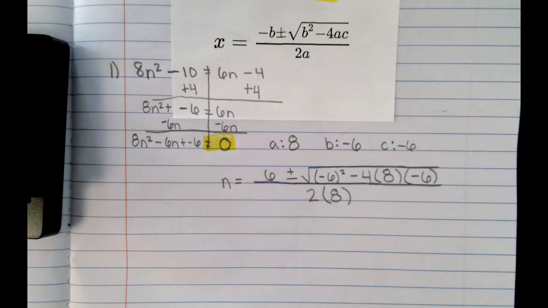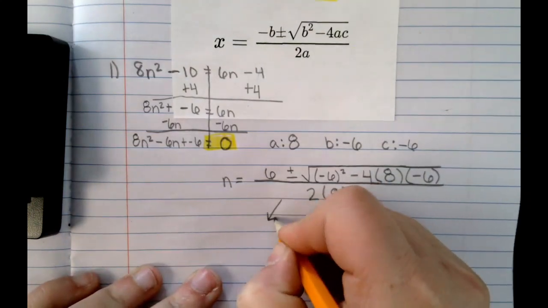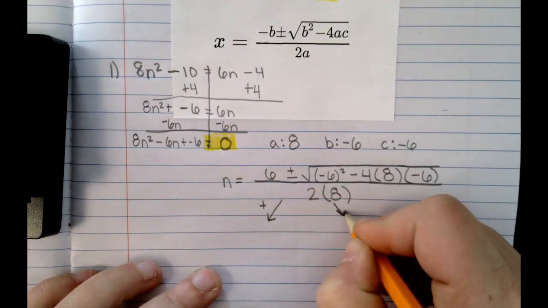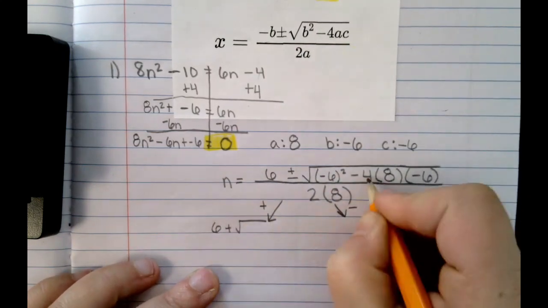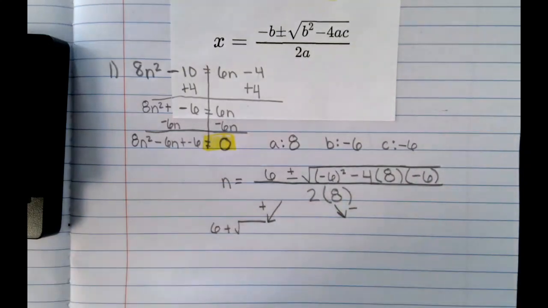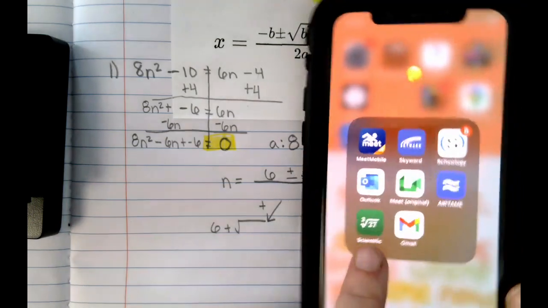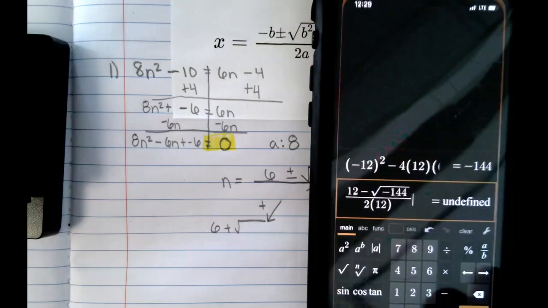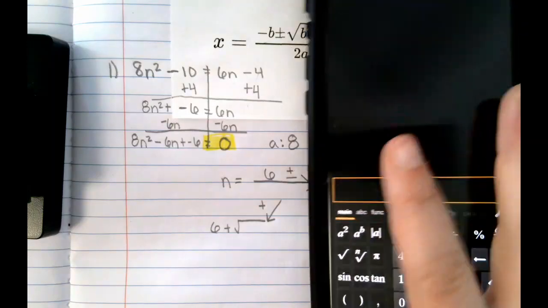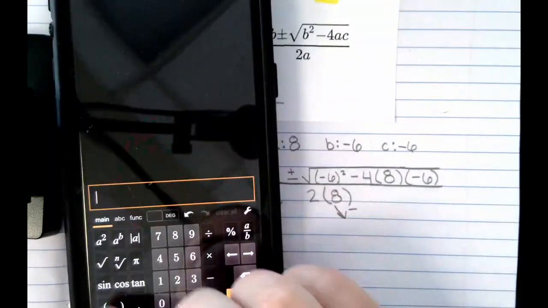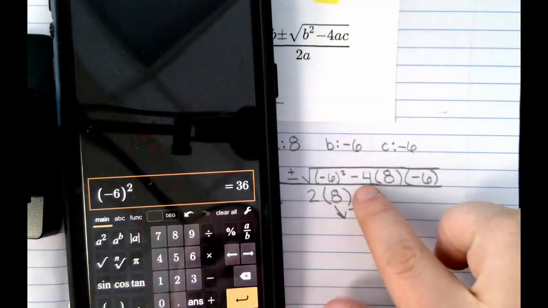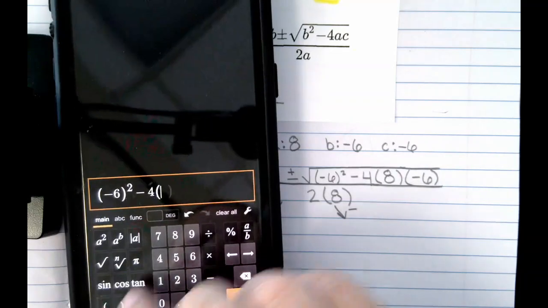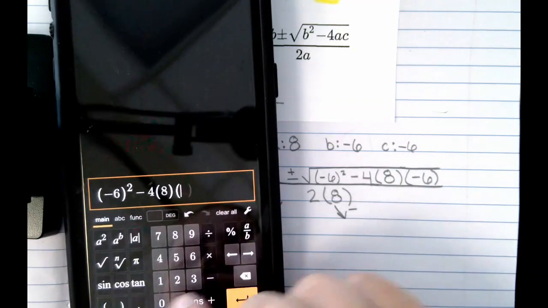Alright, at this point we're going to break it up into that plus and that minus, because it's a plus or minus. I'm going to say 6 plus, and then I'm going to find the inside of the square root. I'm going to use my Desmos calculator, which I have on my phone, but you should use your calculator on your computer. Remember, it's at 327. In there, we have parenthesis negative 6 squared minus 4, parenthesis 8, parenthesis negative 6.